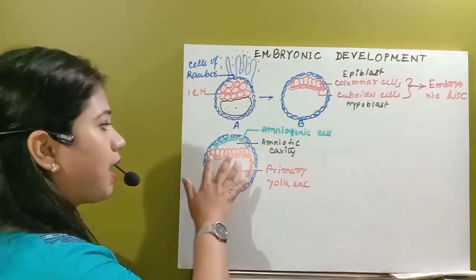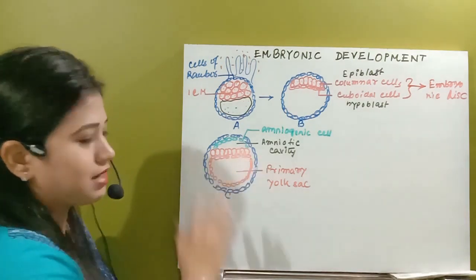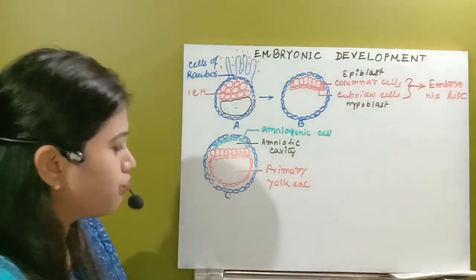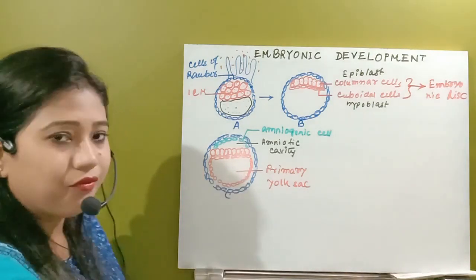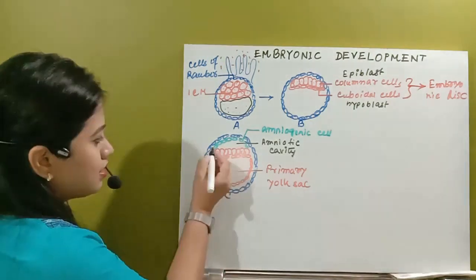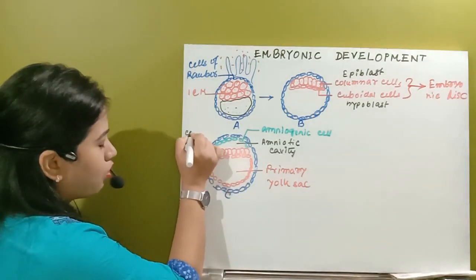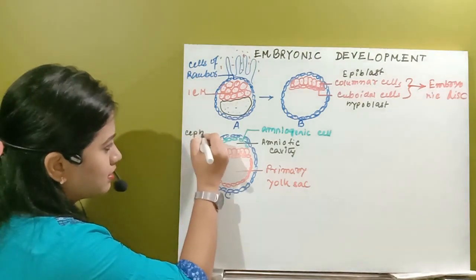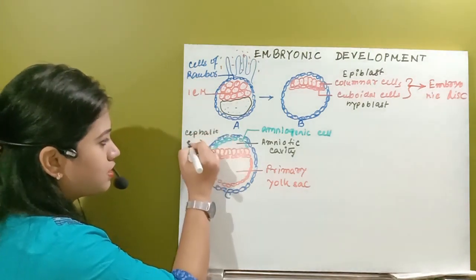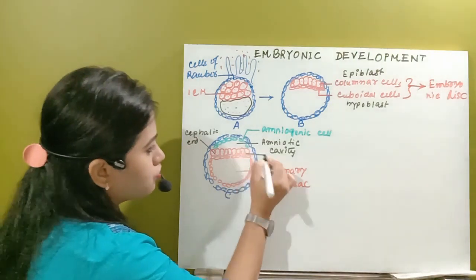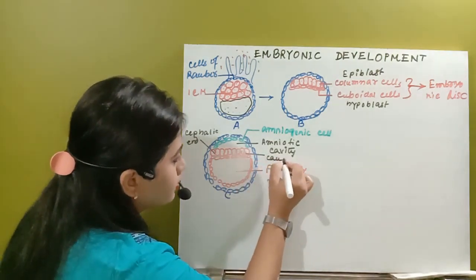Now just see what happened. We have this epiblast and the hypoblastic cell layer. Suppose here we have two ends: this is the cephalic end, and this is the caudal end.